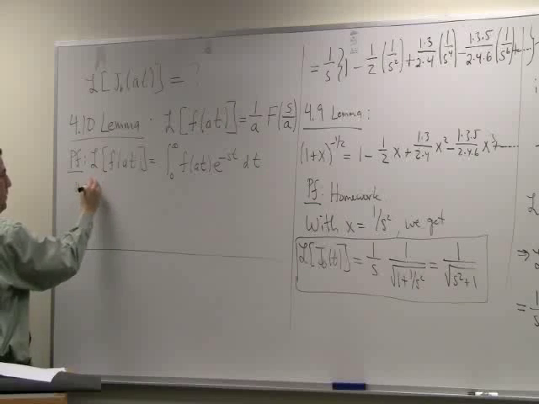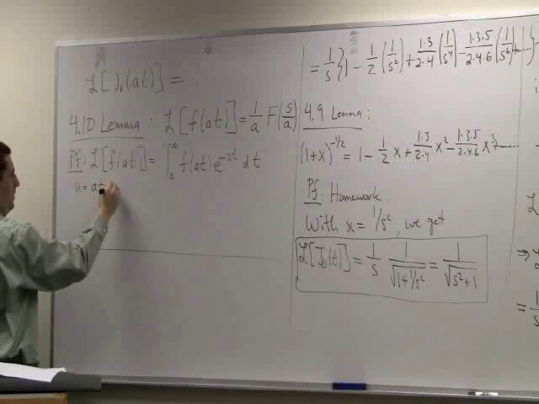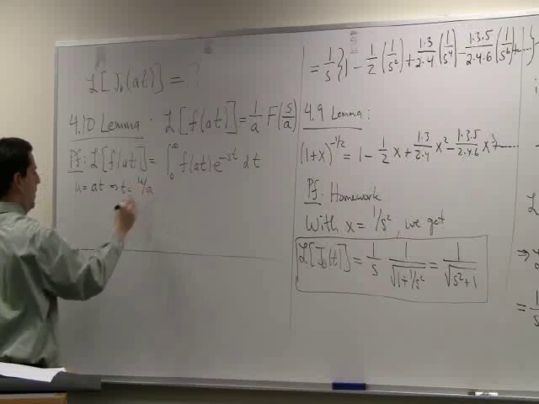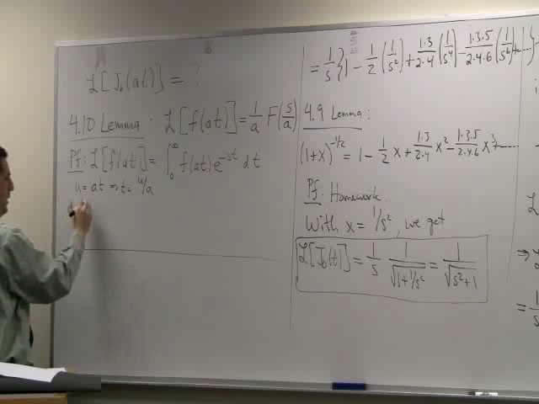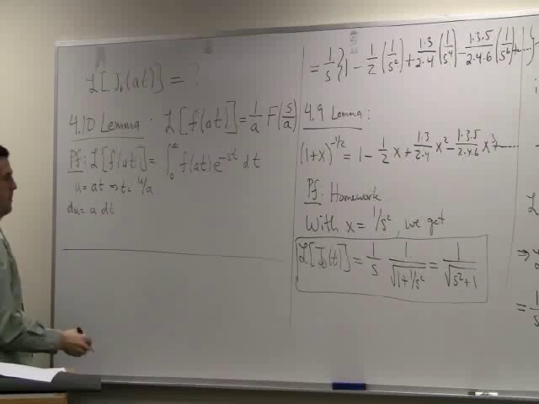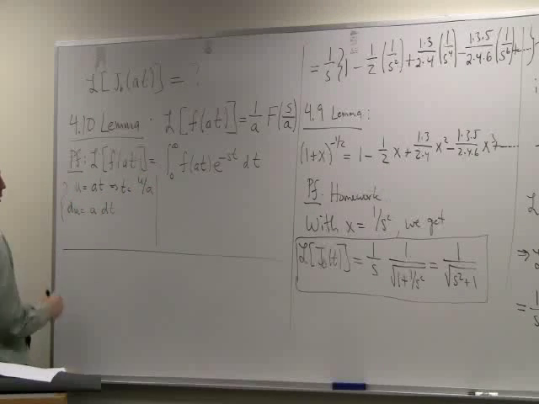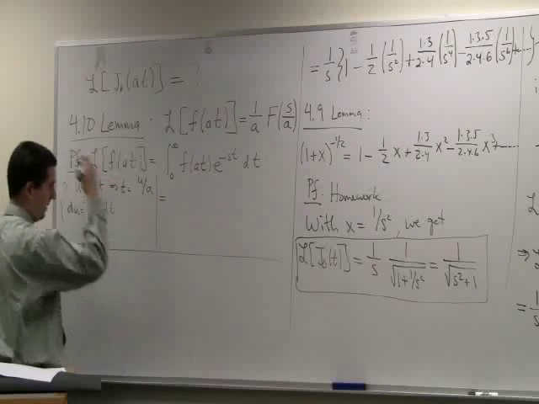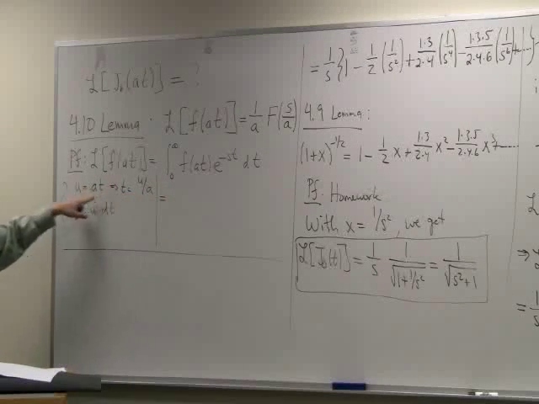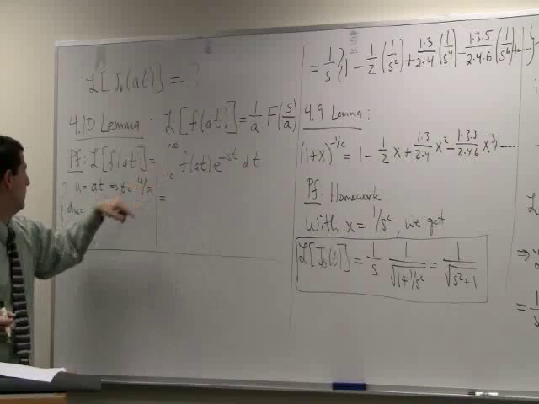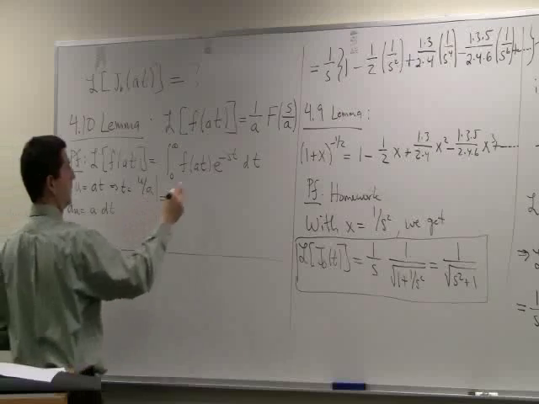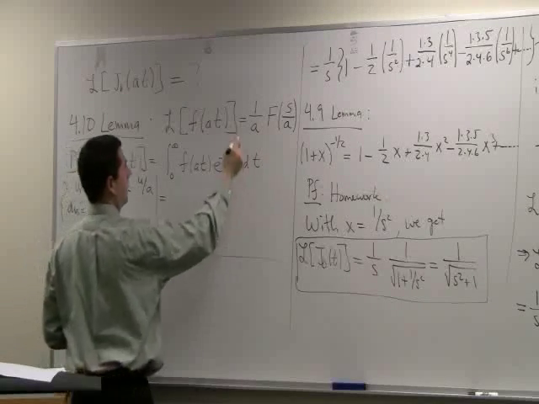So we do u equals at, so t equals u over a, and du equals a dt, so dt is du over a. Okay, so what happens? As when t is 0, u is 0, and as t goes to infinity, as long as a is positive, right? So let's assume a is positive in here.